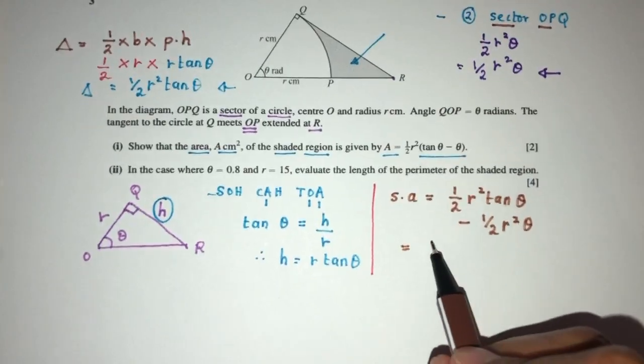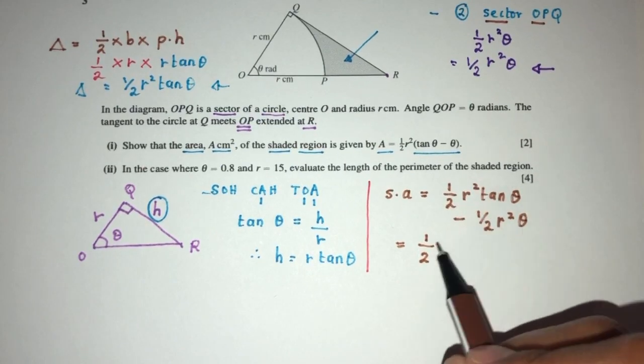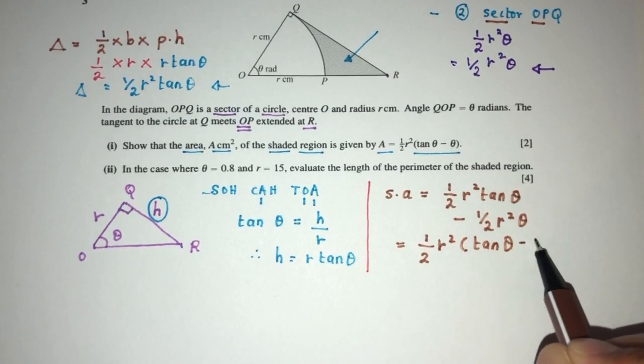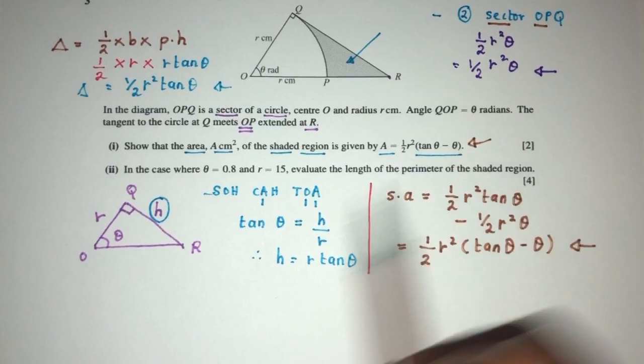So factorize: take out half because they are the same in both, take out r squared because they are the same in both, and the remainder is tan theta minus theta. And this is, guess what, shown as required for your 2 marks.